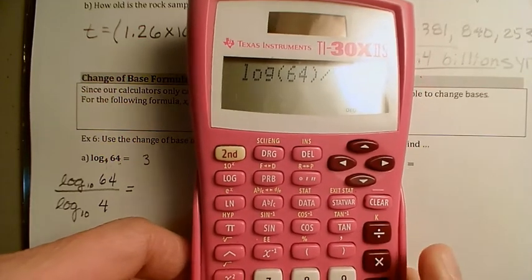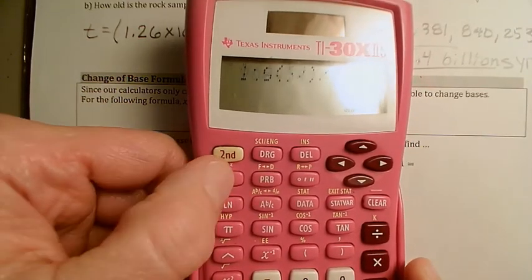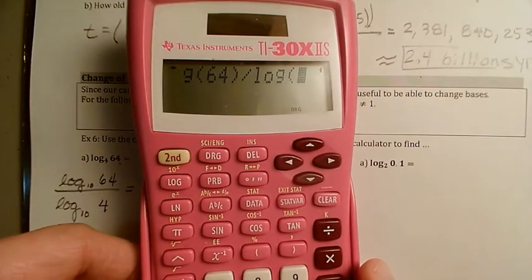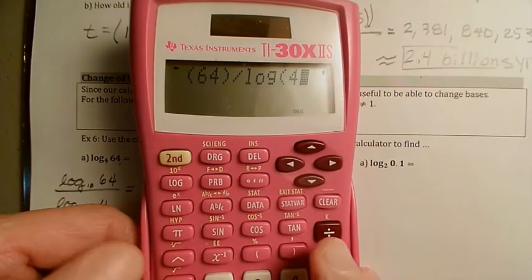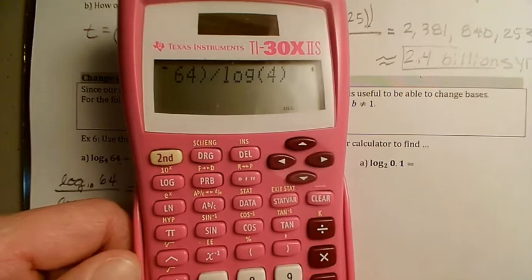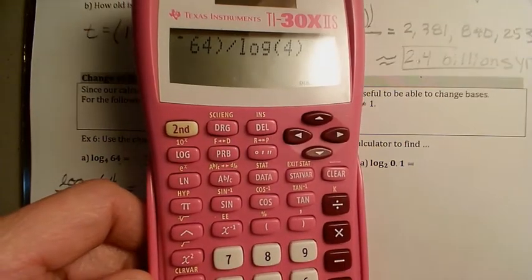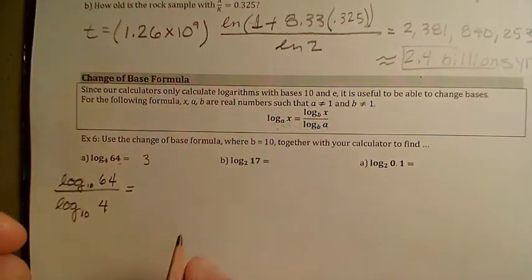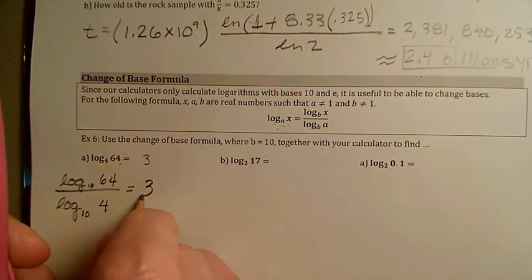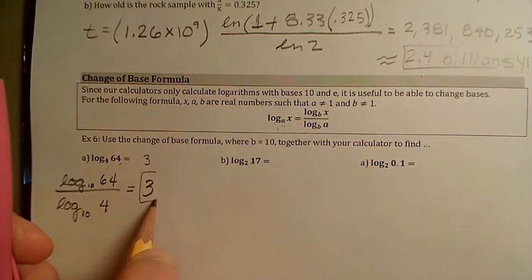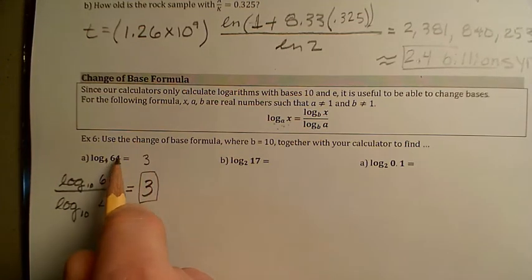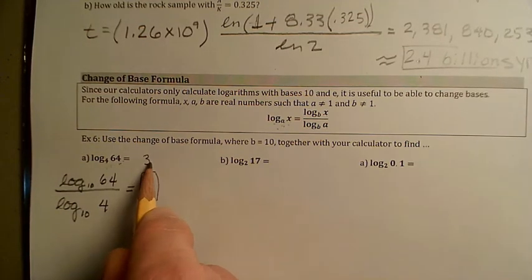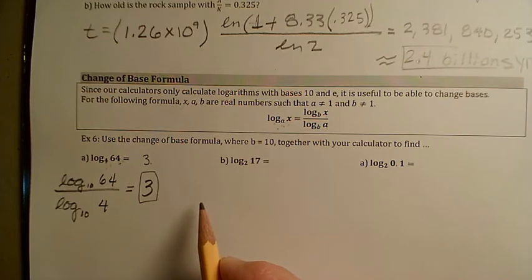Now hit divide, and hit log again, and now we want log of 4. I don't really have to close that parentheses, it'll close it for me, but let me just do it anyway, and hit enter. And sure enough, you get 3. So the calculator gives us 3, which we already knew because log base 4 of 64 is 3. But using our change of base, you see it works the same.